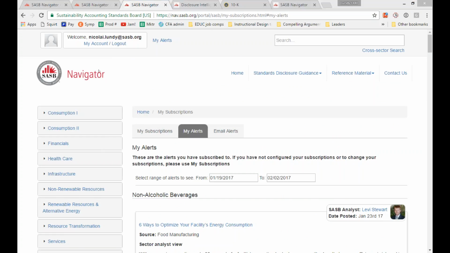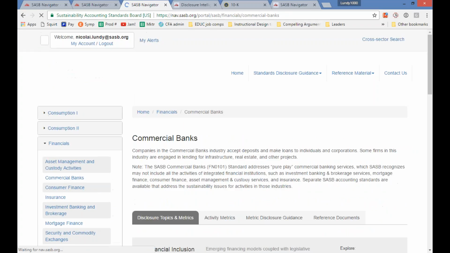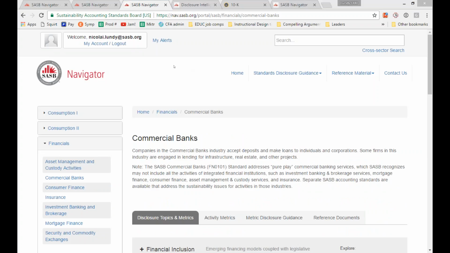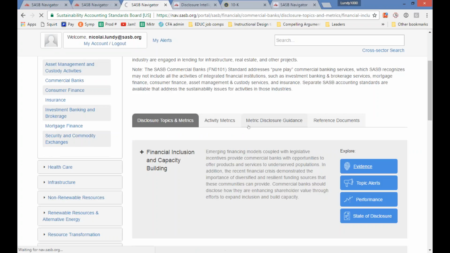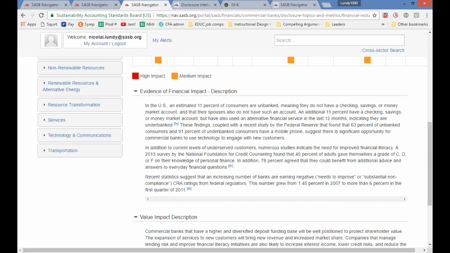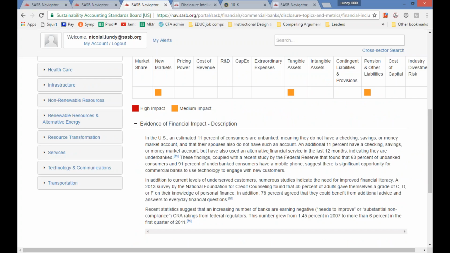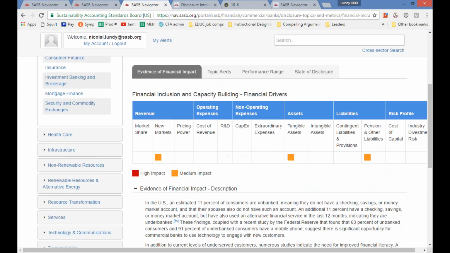Where you're going into a specific industry, so if we go into commercial banks and you're looking at the evidence for financial inclusion, this underlying evidence is updated whenever we release a new set of standards. At least that's the plan right now.